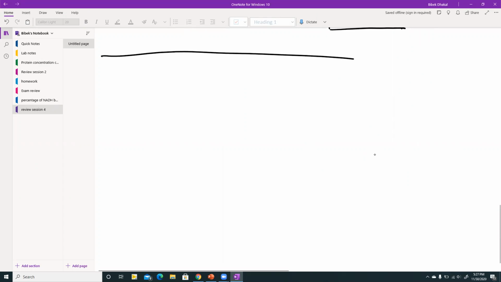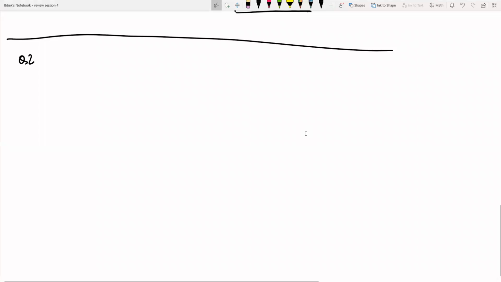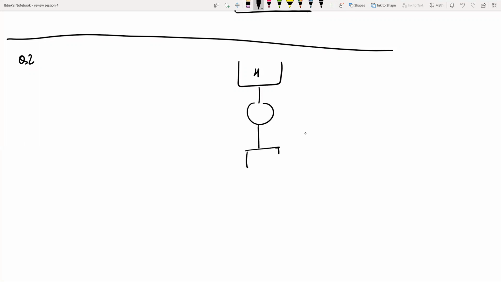So let's do this part. This is question 2. First of all, you have a Carnot engine. This is your hot reservoir, this is your Carnot engine, and a cold reservoir.